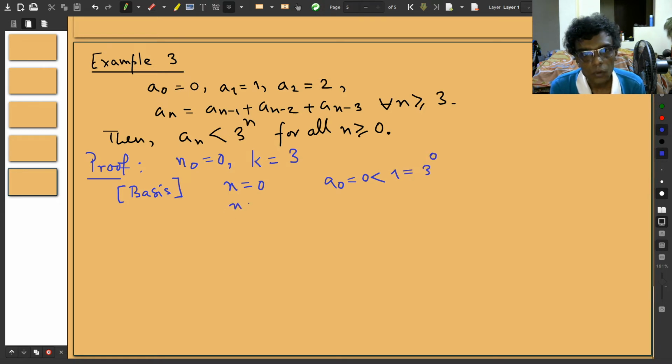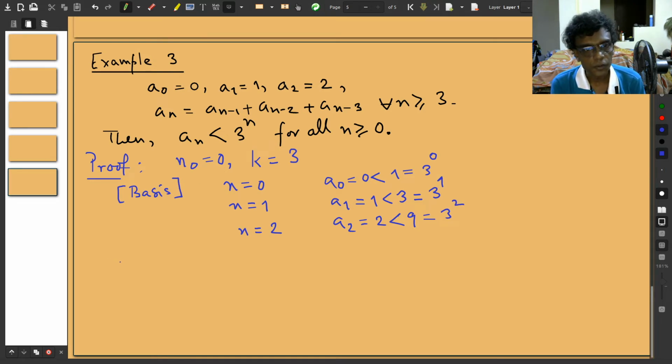N equal to 1. This is the second basis case. A1 is 1, which is definitely less than 3 power 1. Final thing is n equal to 2. A2 is 2, which is definitely less than 9, which is 3 squared. So the basis holds, but you have to consider 3 cases.